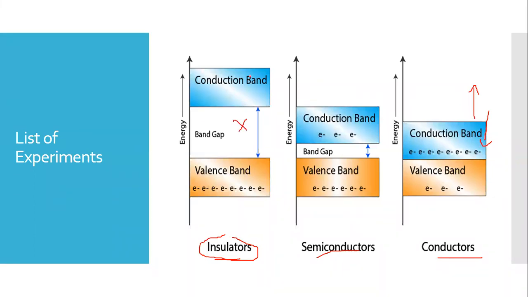But in case of semiconductor, we have small band gap available. So if you are able to break this by providing some external potential, then it can allow the current in one particular direction.